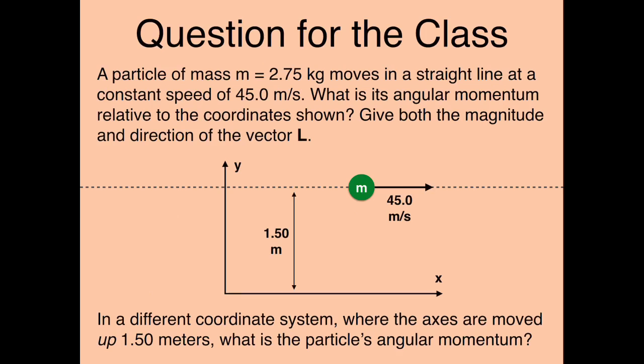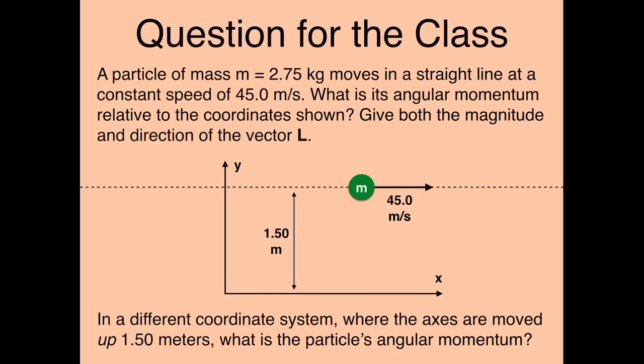So let's just get a little bit of practice using this formula. Let's say we have a particle of mass m, which is equal to 2.75 kilograms, moving in a straight line at a constant speed of 45 meters per second. What is the angular momentum relative to the coordinates that are shown here?